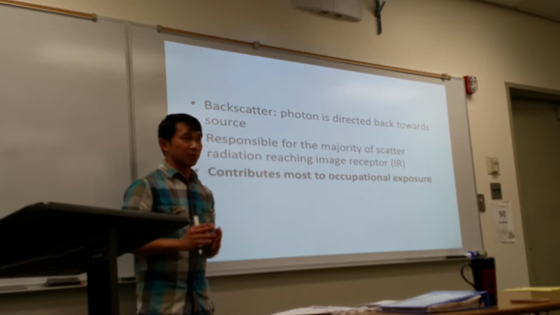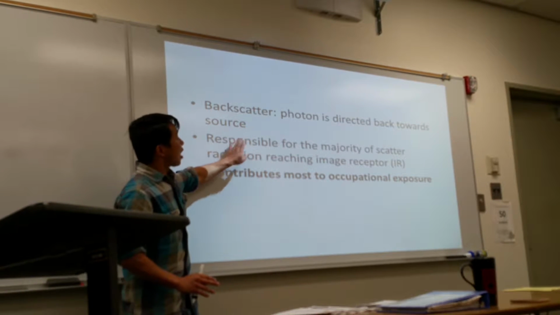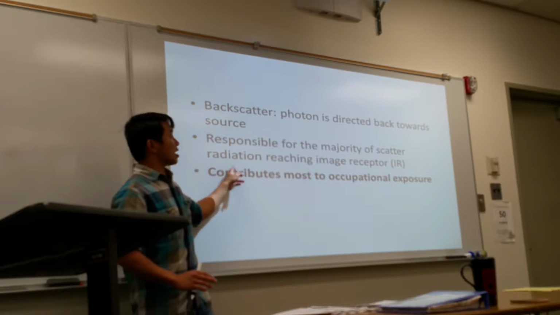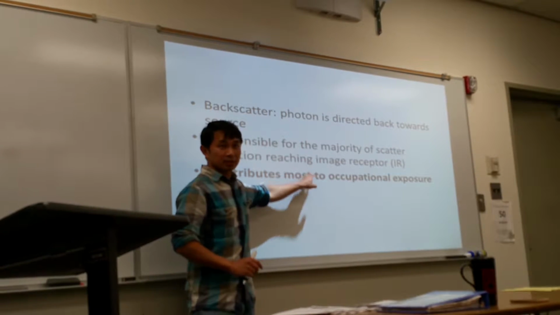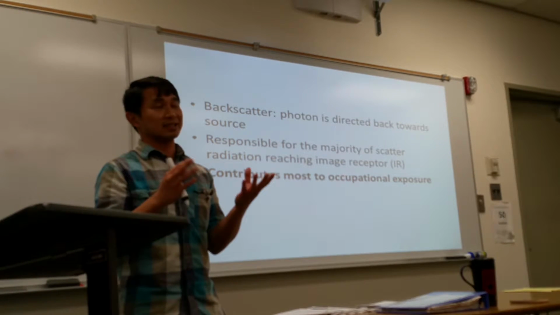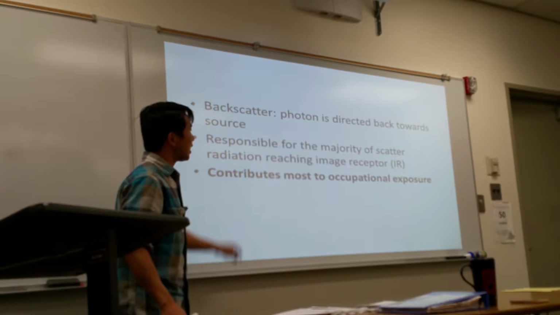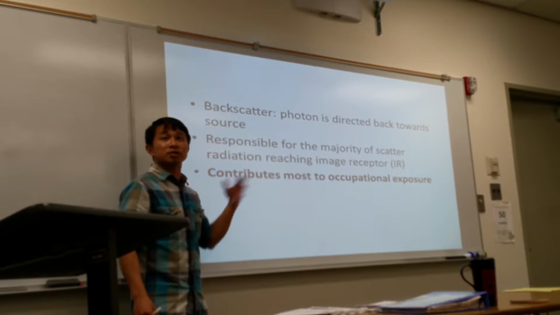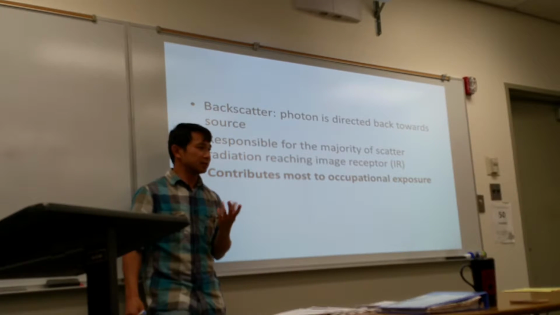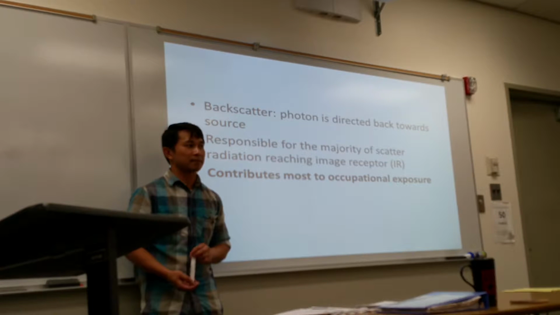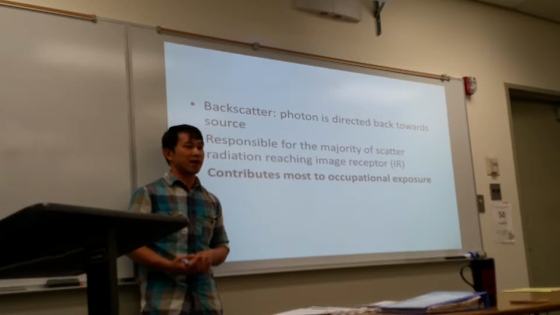What I want you to remember is that Compton or modified scatter radiation is responsible for the vast majority of radiation reaching the image receptor, which causes unwanted radiographic fog density. It also contributes mostly to occupational exposure to the radiographer, to the X-ray technologist. Compton is responsible for the vast majority of our exposure.